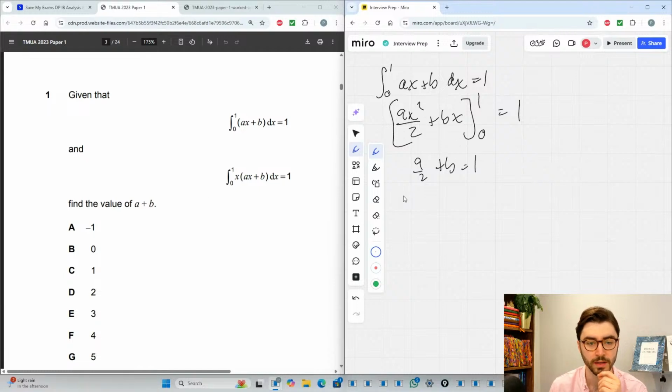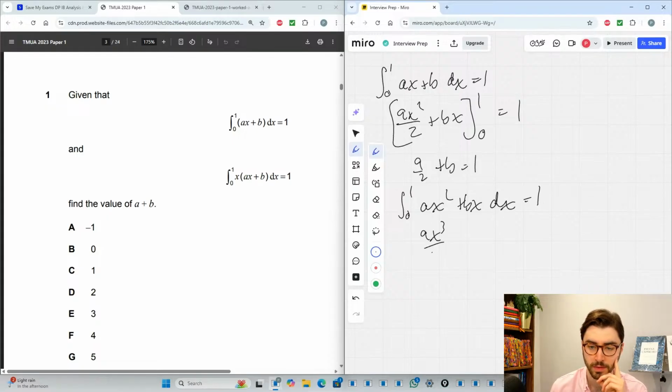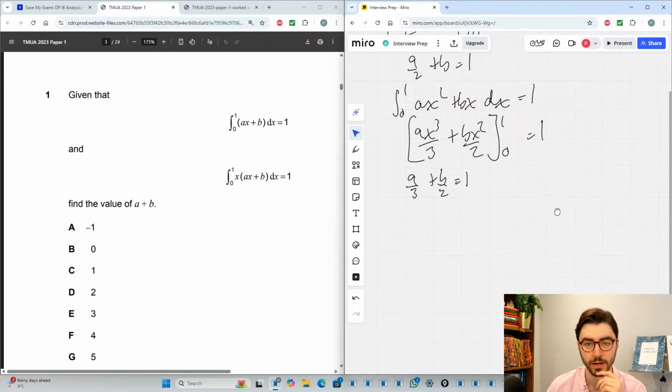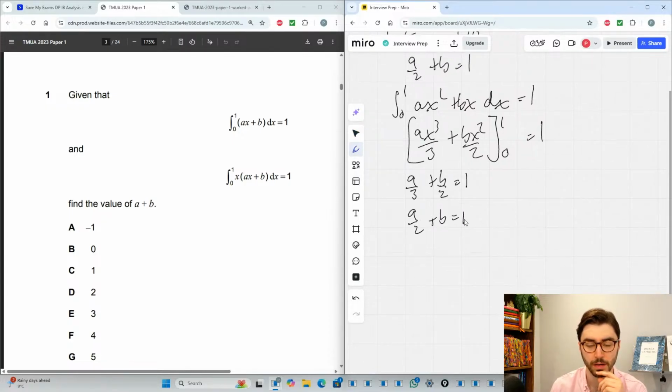And from the other one, I can say the integral from 0 to 1 of ax squared plus bx dx is equal to 1, which means that ax cubed over 3 plus bx squared over 2, if I evaluate that between 0 and 1, I'll also get 1. So a over 3 plus b over 2 is equal to 1. Let's put those together. If I double this up, then 2/3 a plus b is equal to 2.